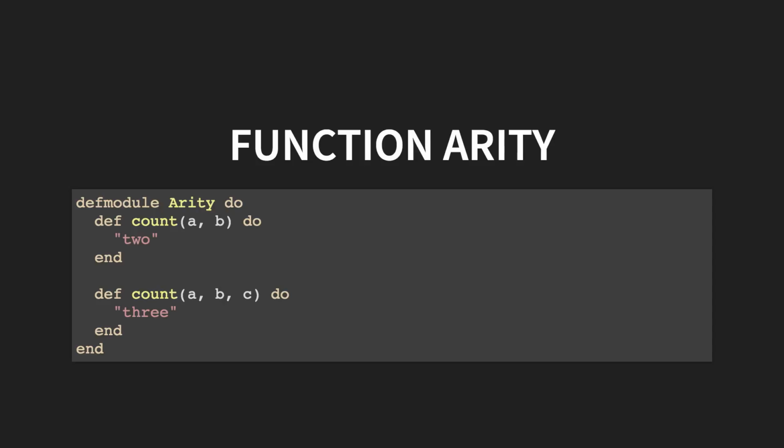So in effect, it's another version of pattern matching, where you can have a function that does the same thing but takes more or fewer arguments, and you can group them together like that. And again, the way that you would call this is Arity.count. You need to prefix the module name before the function name unless you're in that module.